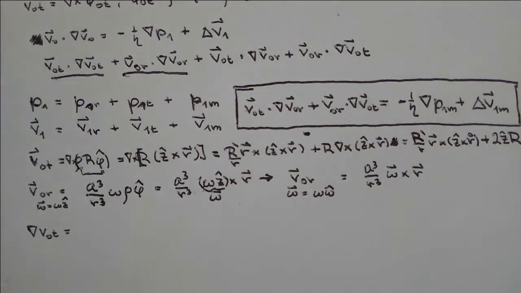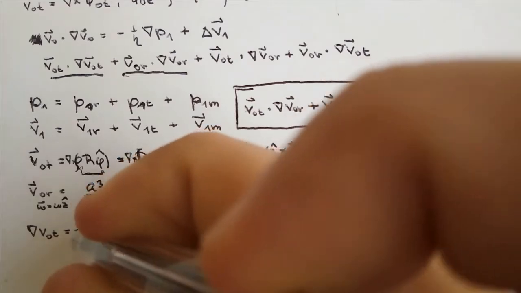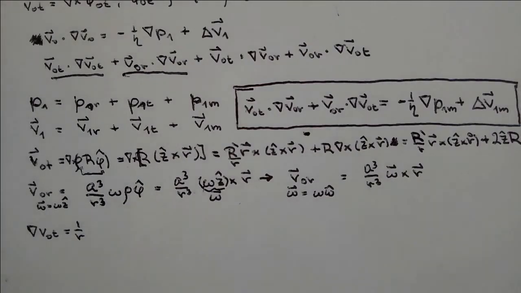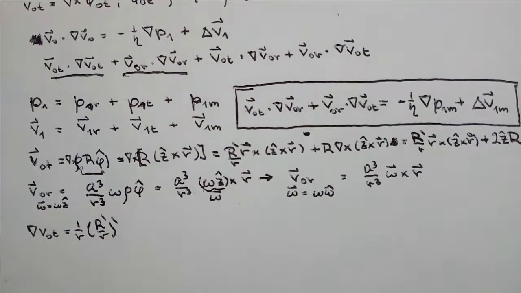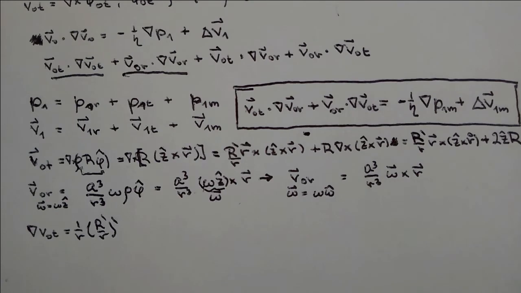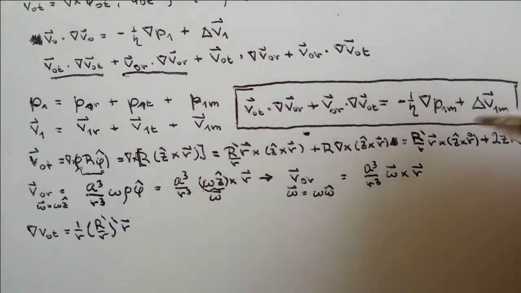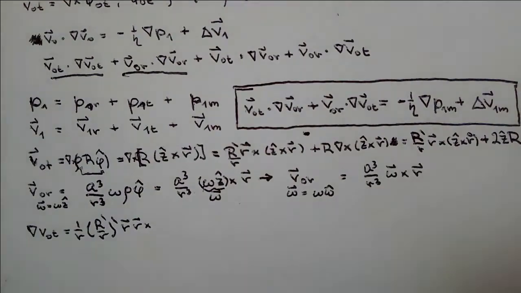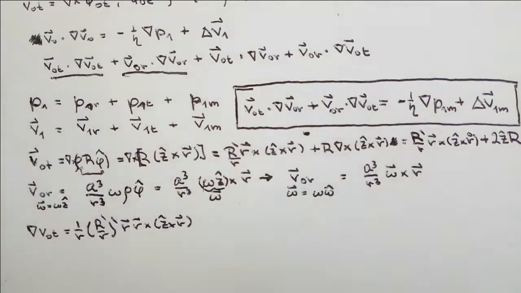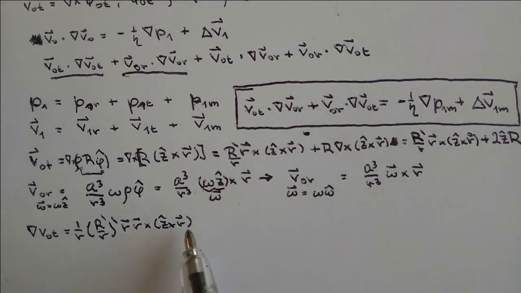So this is going to be just 1 over r, because r hat is equal to r vector divided by r, times r vector times this vector, which is z cross r, and you can leave it in this form.